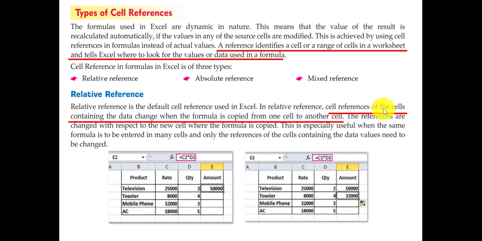The cell references of the cells containing the data change when the formula is copied from one cell to another cell. Here it was C2 into D2, here C3 into D3. When we copy the formula from one cell to another, it changes the cell references also. This is called relative reference.